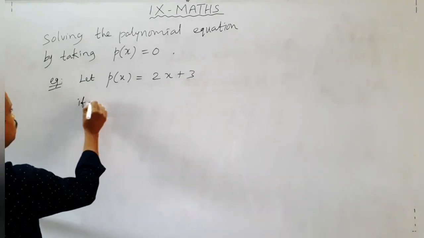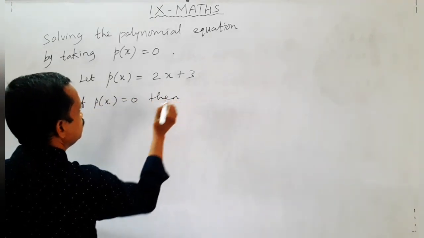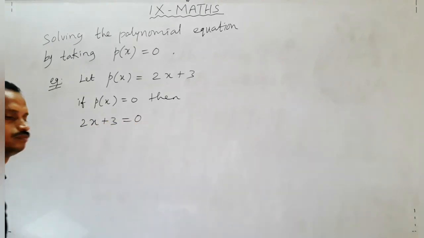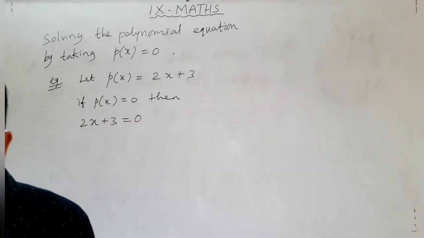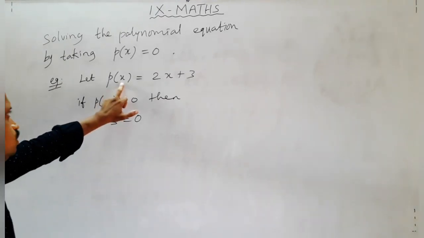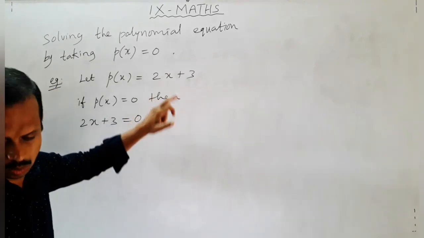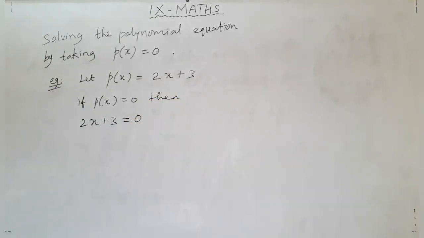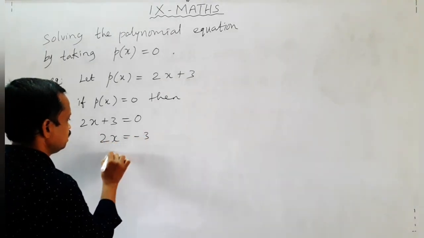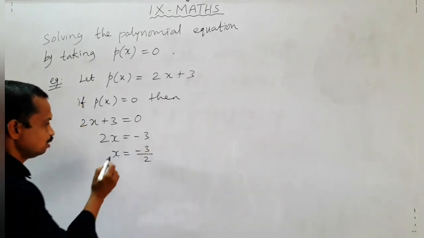If p of x is equal to 0, then 2x plus 3 equal to 0. When we make p of x 0, the right side 2x plus 3 becomes 0. So when 2x plus 3 is 0, easily we can find 2x equal to minus 3 and x equal to minus 3 by 2.